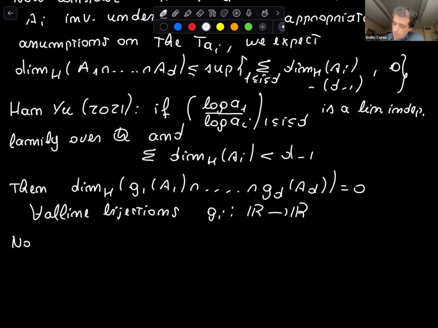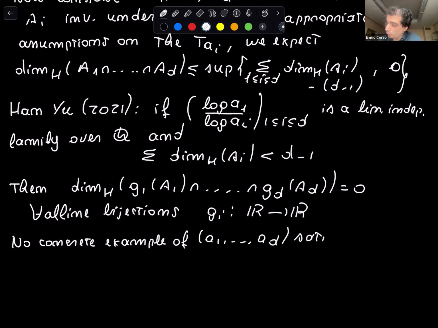No concrete example of A1, ..., AD satisfying the condition is known, of course, beyond the case d equal to 2.